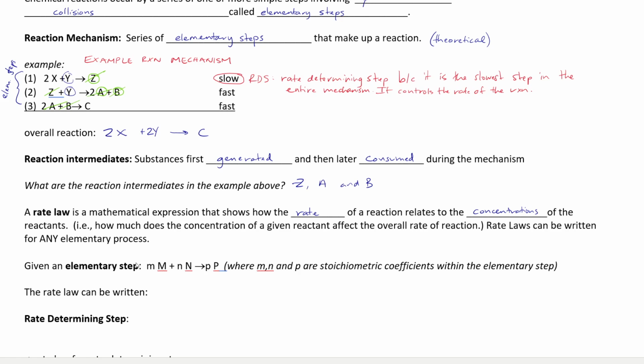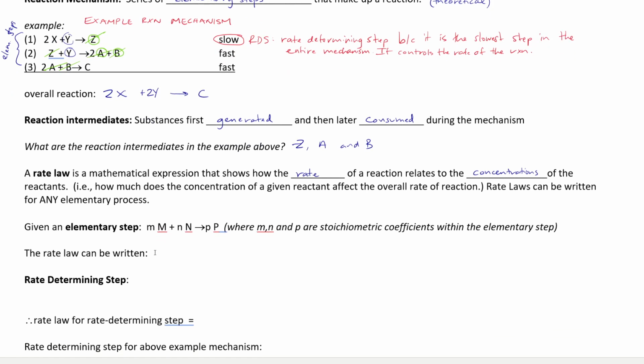And rate laws could be written for any of these elementary processes. So given an elementary step where you have little m times big M, so the stoichiometric coefficient little m, big M plus nN goes to form pP, where m, n, and p are our stoichiometric coefficients within the elementary step.